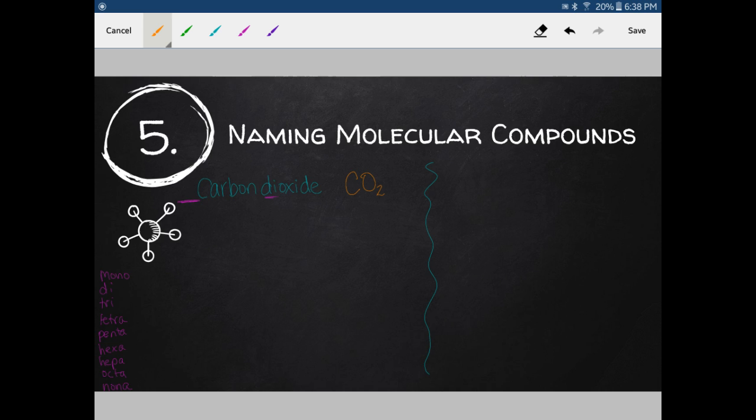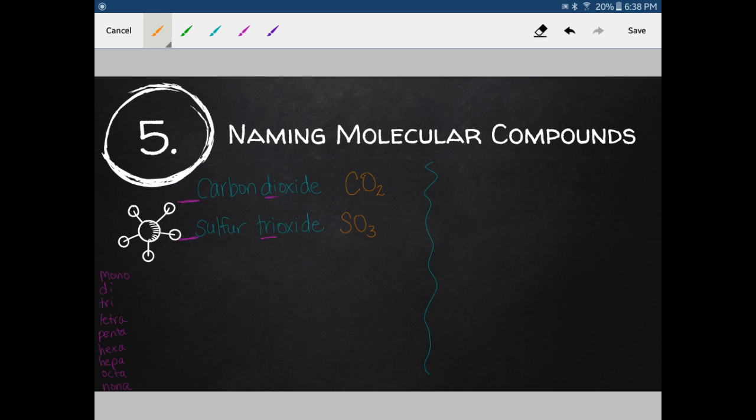If we take a look at another example, I can have, say, something like sulfur trioxide. Again, my no prefix in front of my sulfur tells me that it's 1, and my tri tells me that there's 3 oxides. So it's sulfur with 3 oxides.